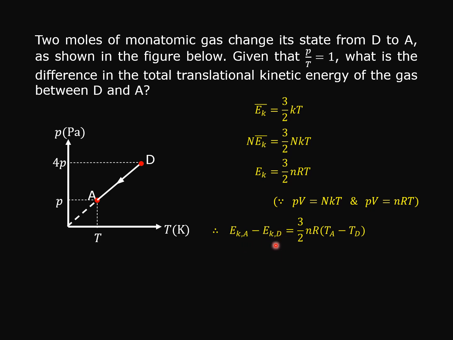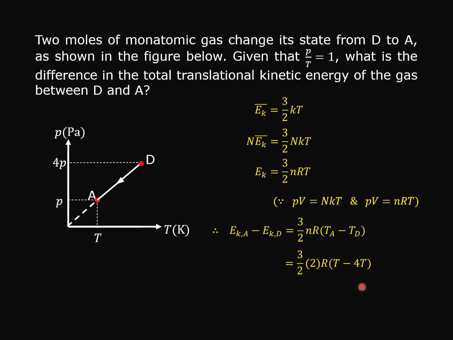This is for A, this is for D. Based on the general formula, it is equal to 3 over 2 nR multiplied with TA minus TD. TA is the temperature of the gas at state A, and TD is the temperature at state D. Based on the coordinates for states A and D in the PT diagram, TA is T and TD is 4T.